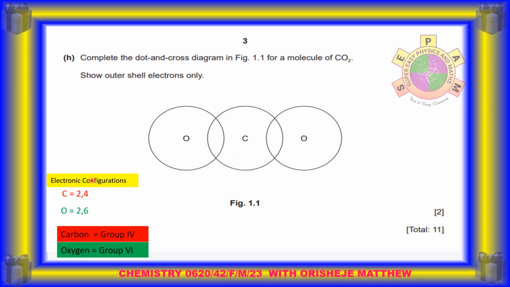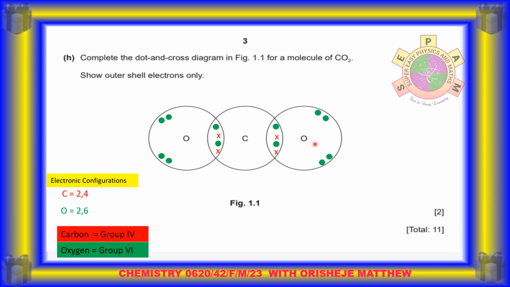We are interested in the outermost shell electrons. For carbon, which is the red, it has 4 outermost shell electrons, so you share. How many are remaining to make a stable configuration? Remaining 4 more electrons.